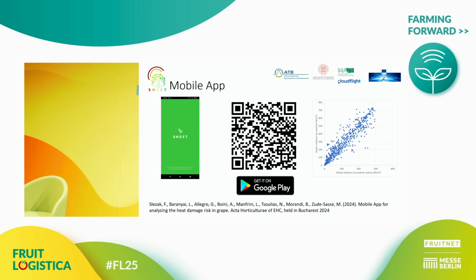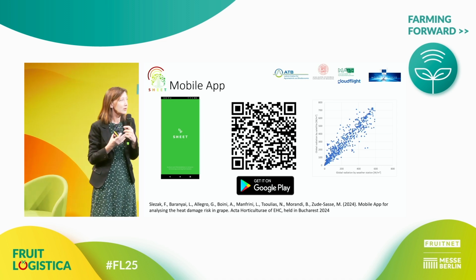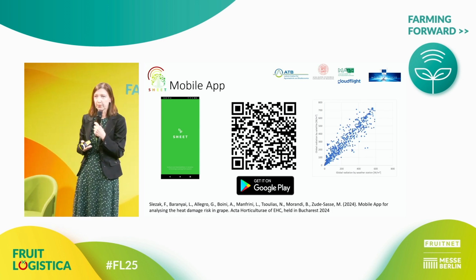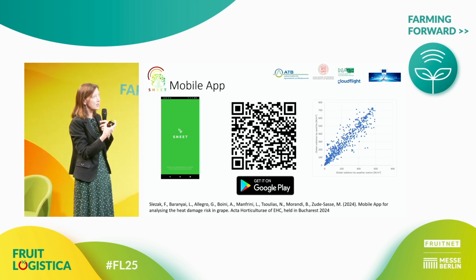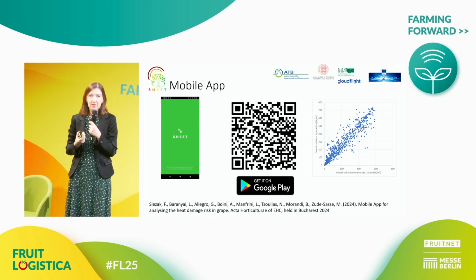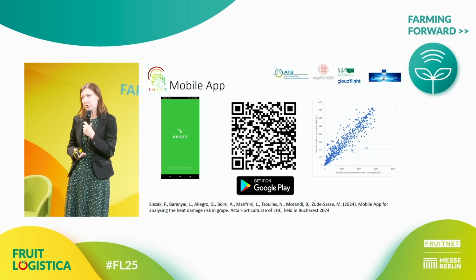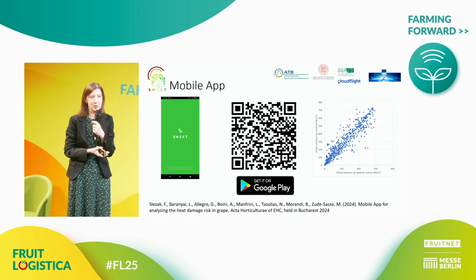So there is deviation. So we cannot be super precise here, but what to say? I mean, the satellite data come for free. So that means if you have this mobile app, which you may download if you want, you don't depend on any sensor for the moment. But you have a measuring uncertainty.